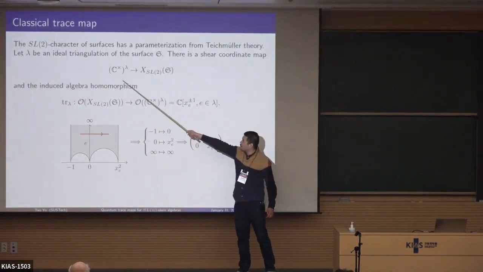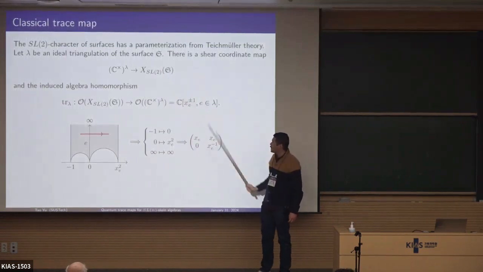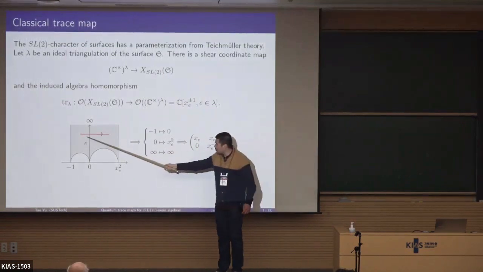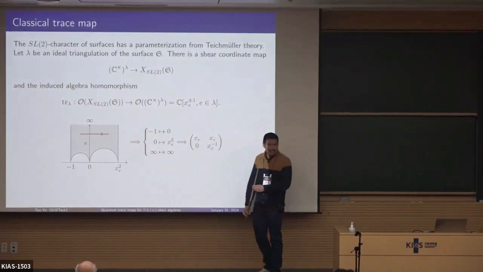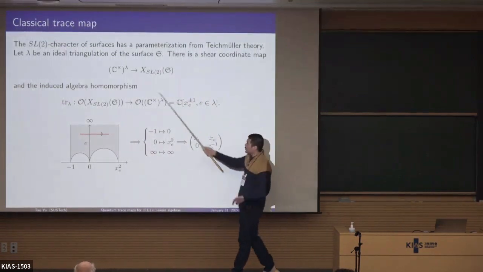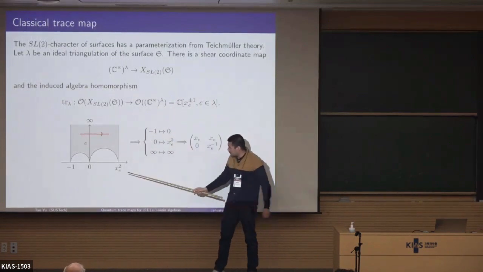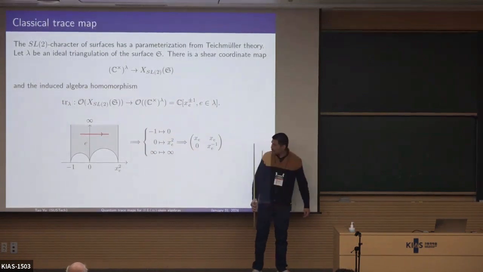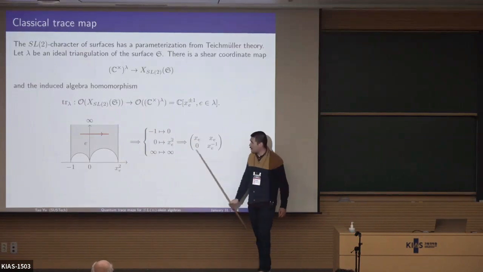The way to go from these coordinates to this character variety is to look at this classical picture from hyperbolic geometry. The coordinates in this torus are these sort of shear coordinates of the Teichmüller space.